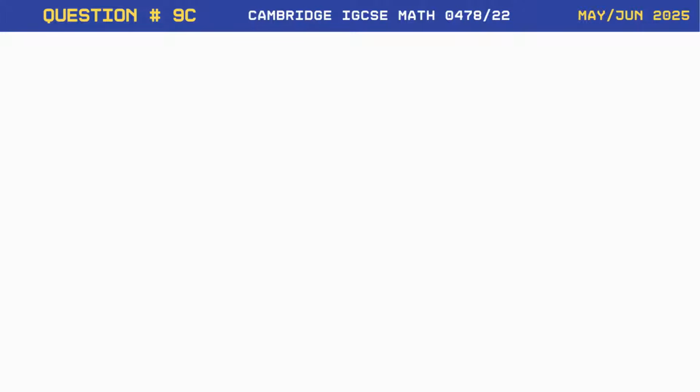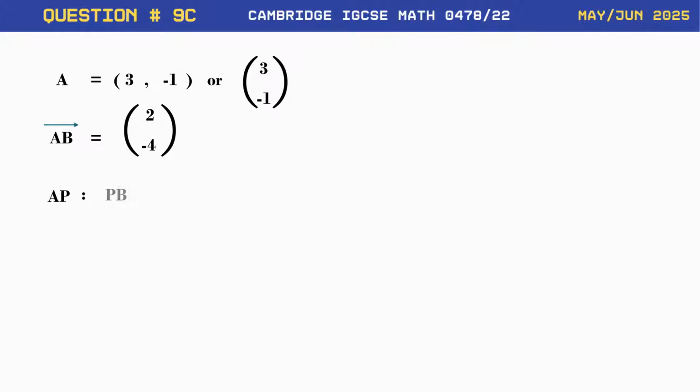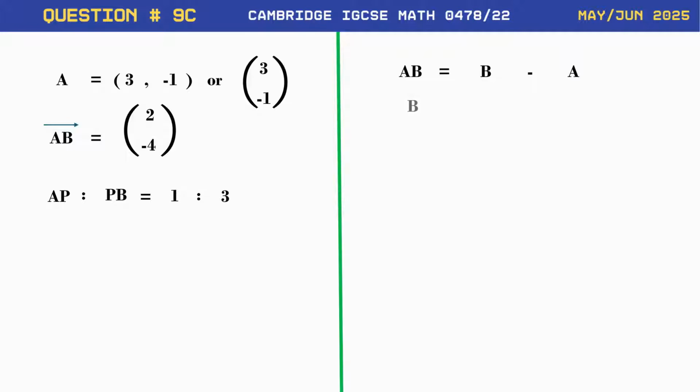In this question, we are given point A, (3, -1), which can be written in vector form too, vector AB, (2, -4), and the ratio between AP and PB, which is AP:PB equals 1:3. To solve this question, we first have to find the position of B. We know that AB can be written as B minus A, so we can write B equals AB plus A. As we know AB and A, let's substitute the values in this equation.